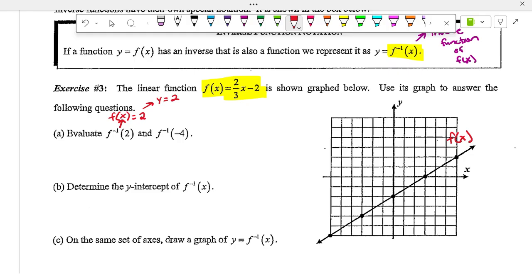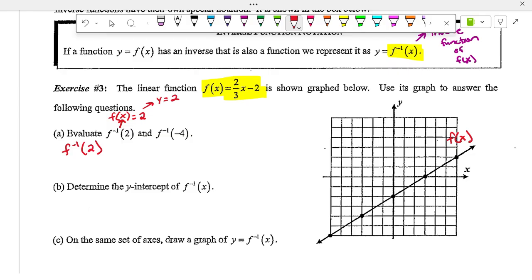So how do I evaluate the inverse f of 2 on a graph? Oh my gosh, my brain's not braining. So, what do you think I'm going to do? If I know that coming from this graph, it's the y value that has to be 2, what am I looking for now?